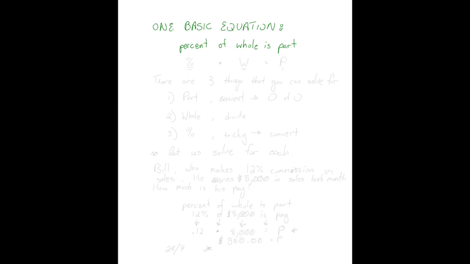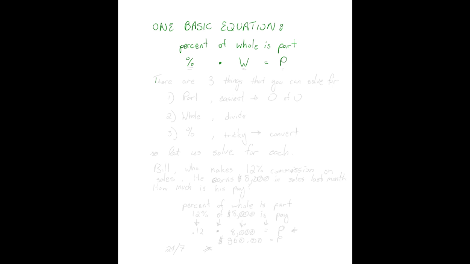Now mathematically this gets translated: the percent, we're going to use the percent symbol, of gets translated as multiply. Whole is one of the things that we're going to solve for, so I'm just going to use a capital W. Is equals, and part again is another variable that's going to change for the problem, and so I'm just going to use P. Okay? So that's the mathematical translation.